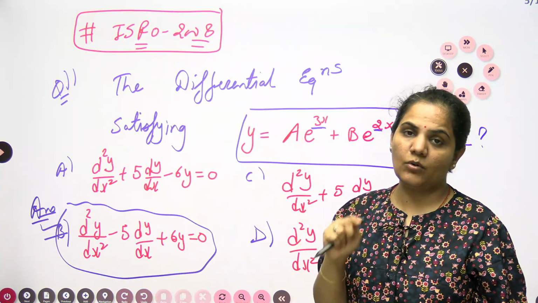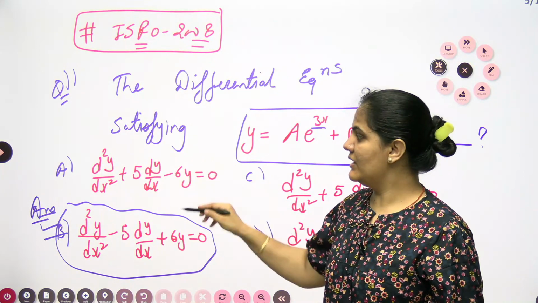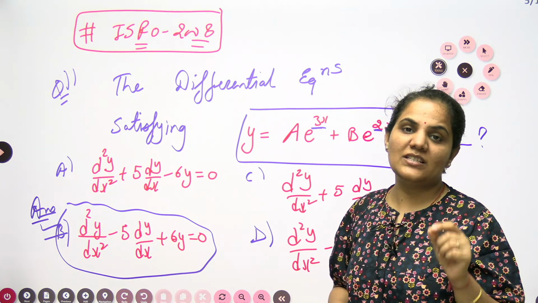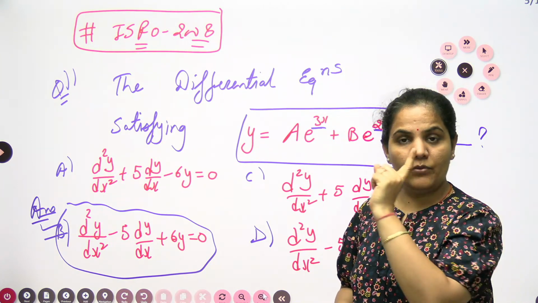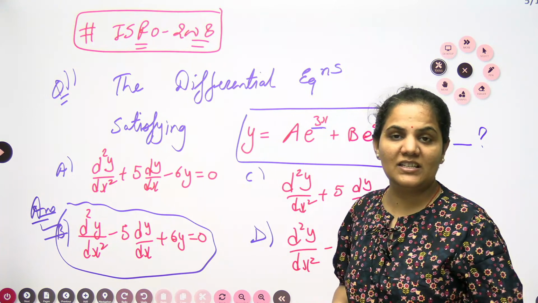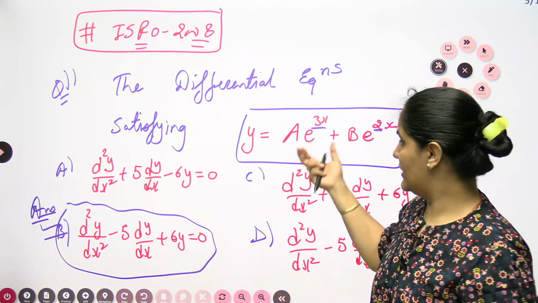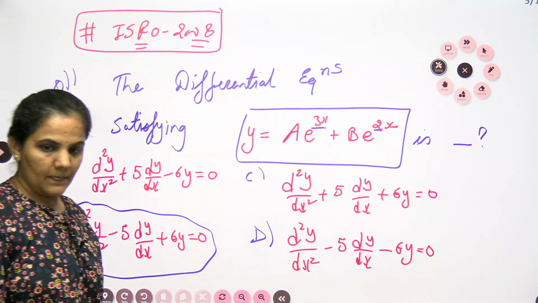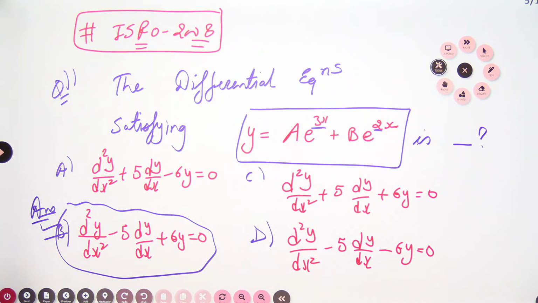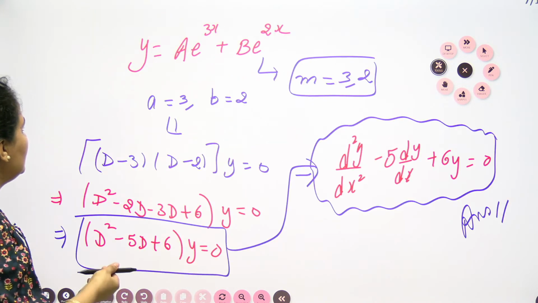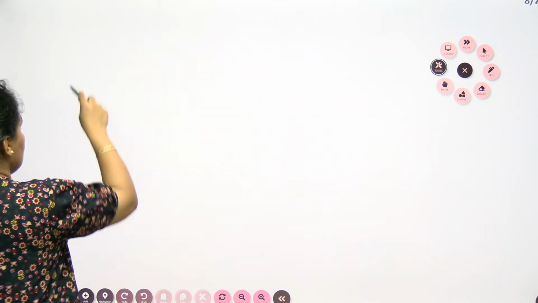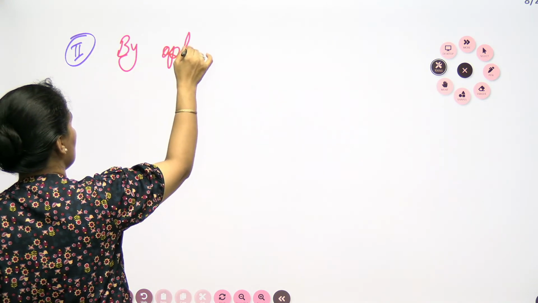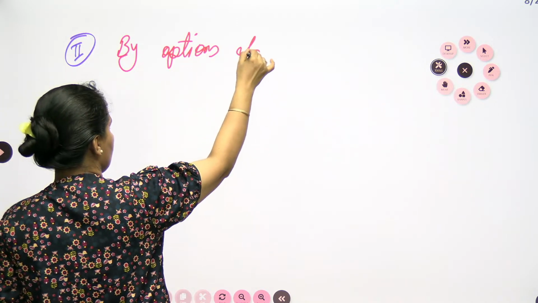In the second method, you need to find the solution of each and every differential equation mentioned in the options, and whichever gives the solution as in the given question will be your answer. This is option elimination. I will not approach the second one here. We can go by options also.